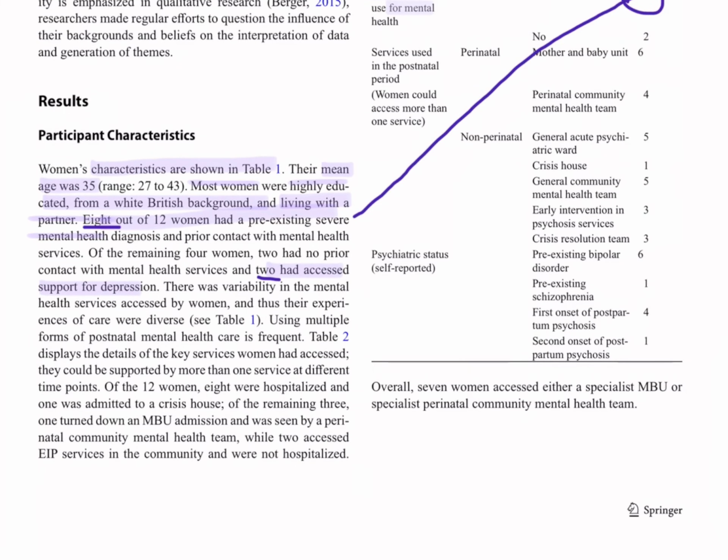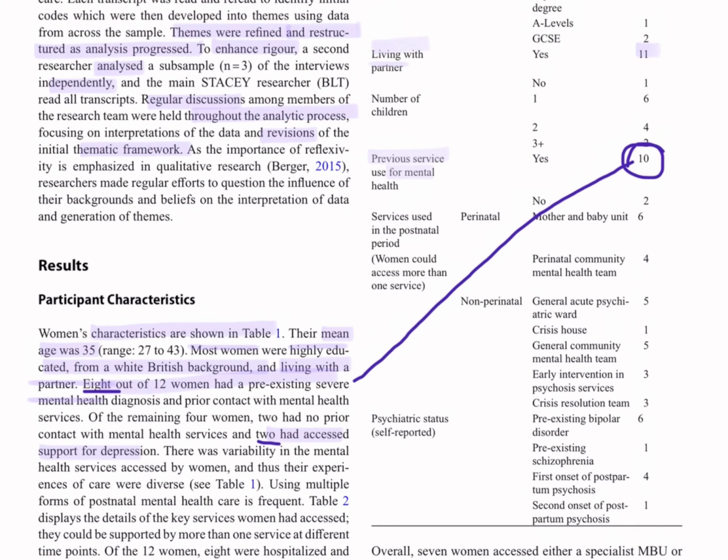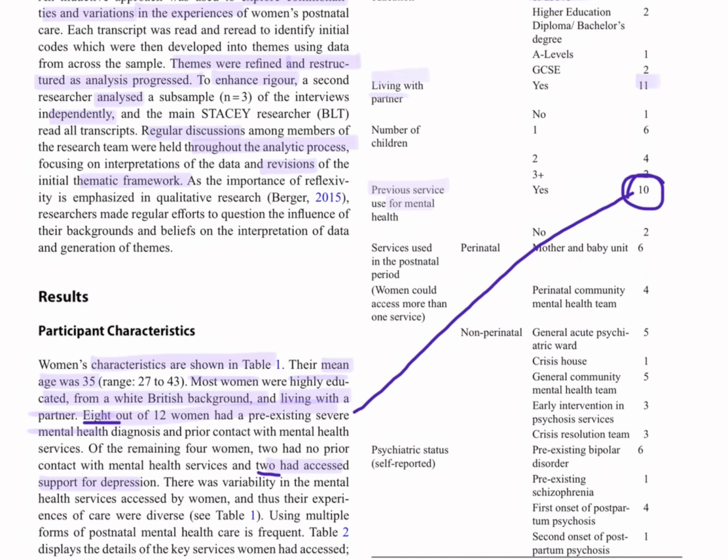In the results, we can start to look to pull more information about the sample. And you can see the details. The average age was 35, and in total, 10 of the women had previous service for mental health. We can see that most of them were highly educated and that they came from a white English background.